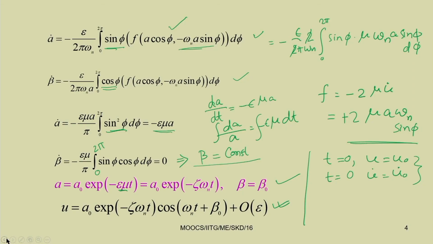There will be only a minor modification in this expression. For a dot, only this f term changes. For example, let us take the Duffing equation with this nonlinearity.